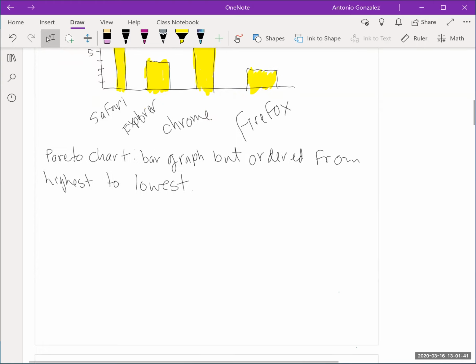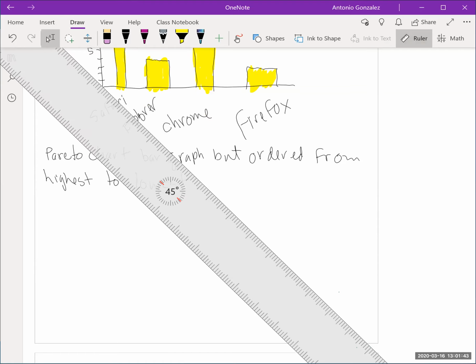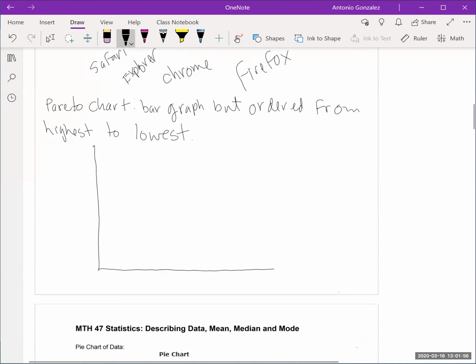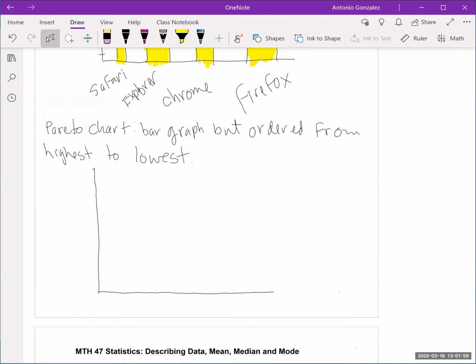So what makes it a Pareto chart is, we're going to start with our axes here, and then this will be the vertical one. Again, always the frequency. It goes up to 12.